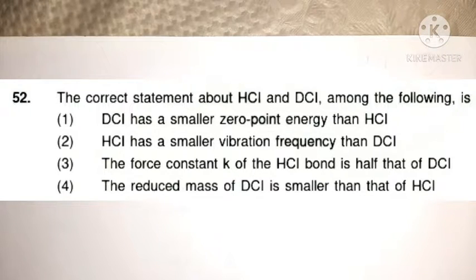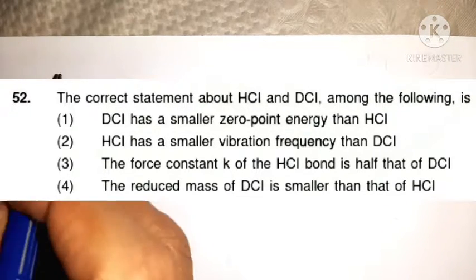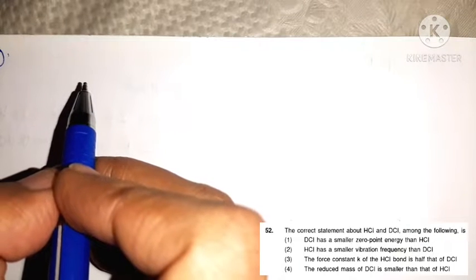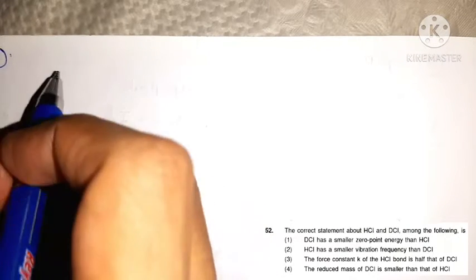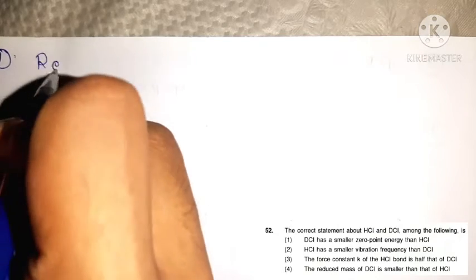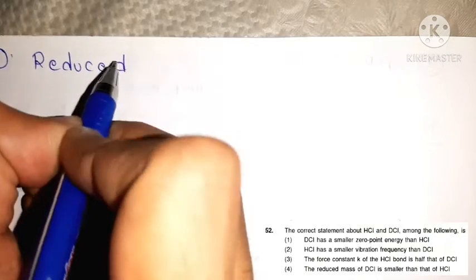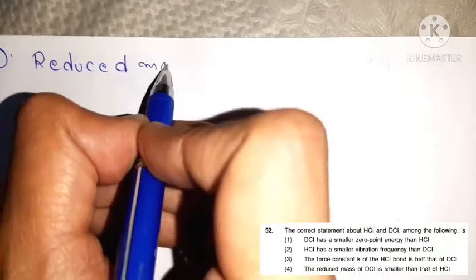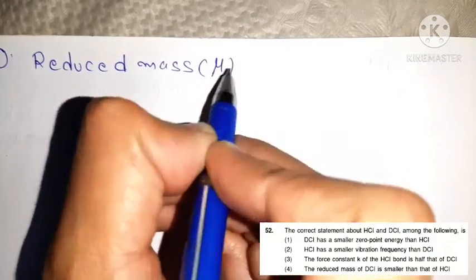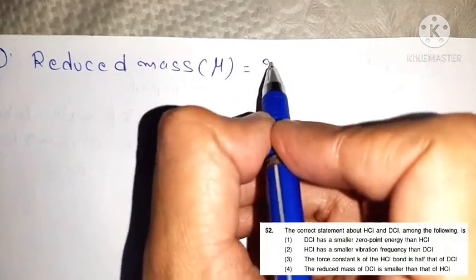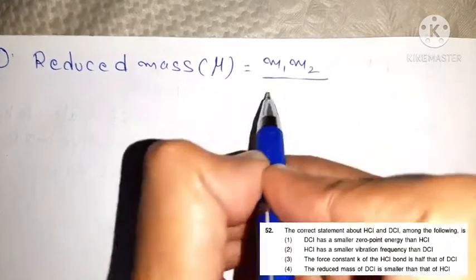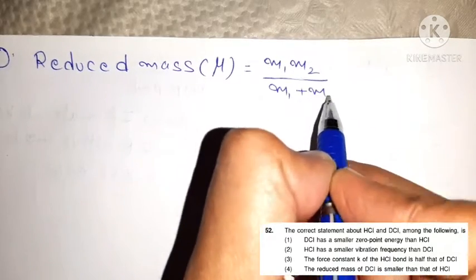So let's do the solution of this question friends. Now see, first of all, we know that the formula for finding reduced mass for any molecule is reduced mass, that is mu, is given by m1 into m2 upon m1 plus m2.